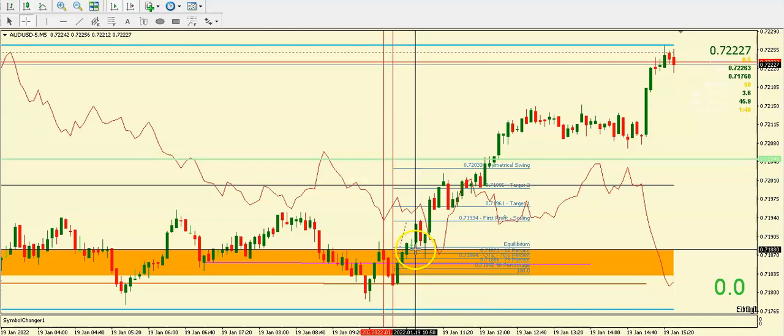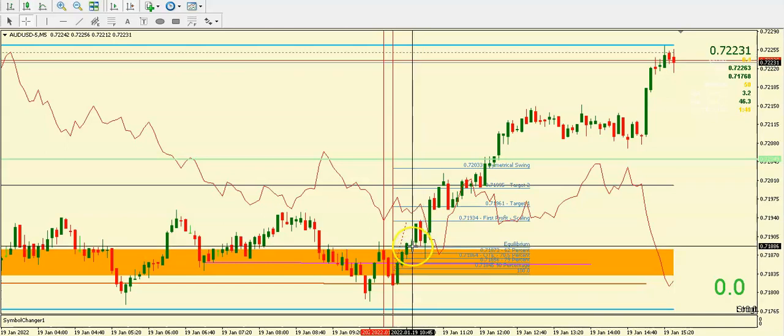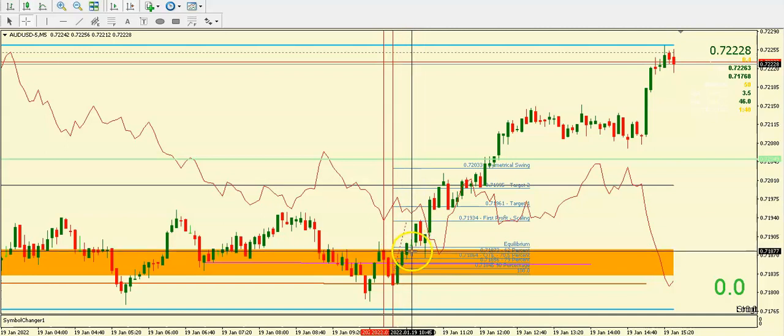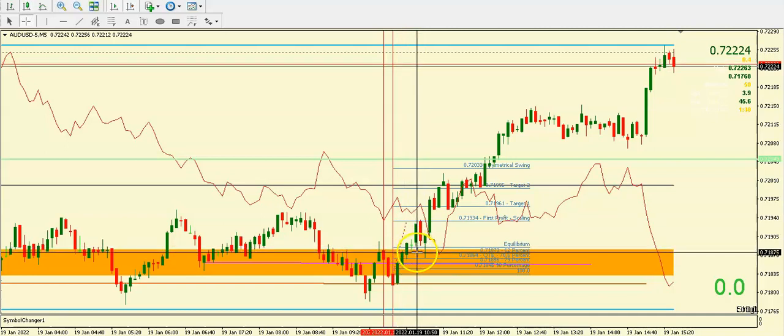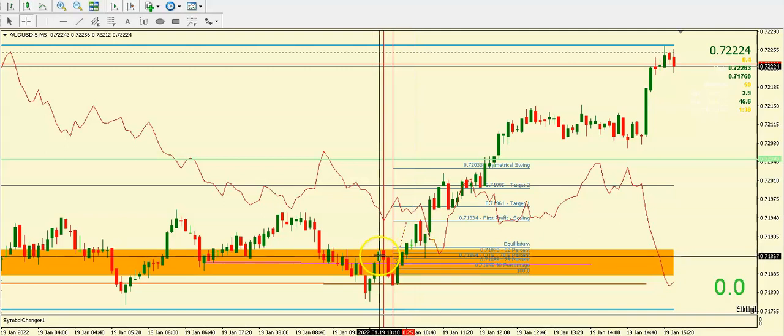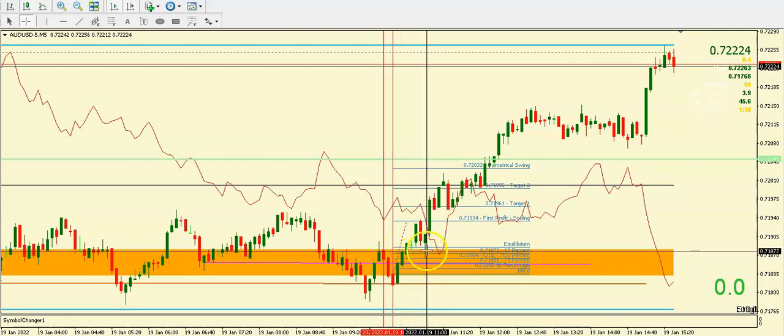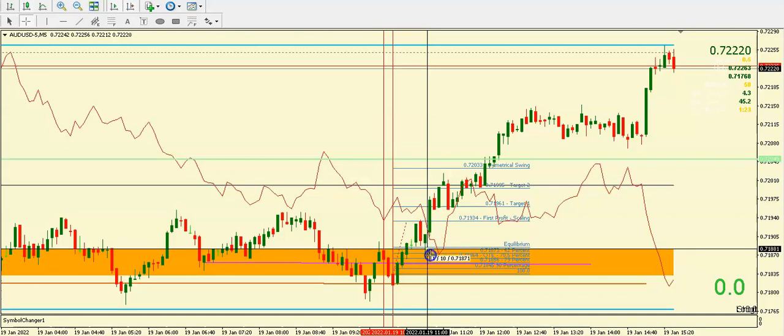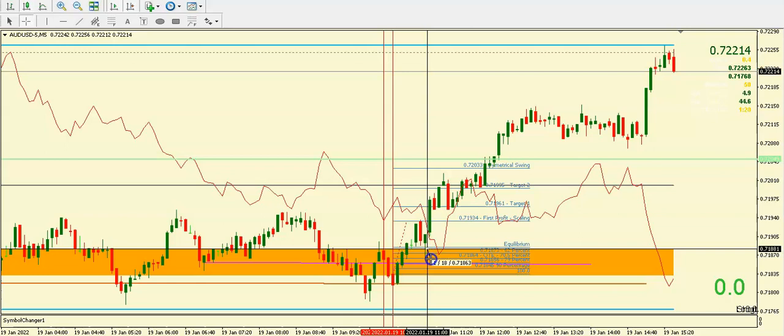So I would have been wondering if you eliminate this fair value gap, this candle's high and this candle's low, and then striking the beginning of the body of this mitigation block. I probably would have pulled it up a little bit before then, so I probably would have got in here. It would have gone against me 1.8 pips, and then it would have launched off.